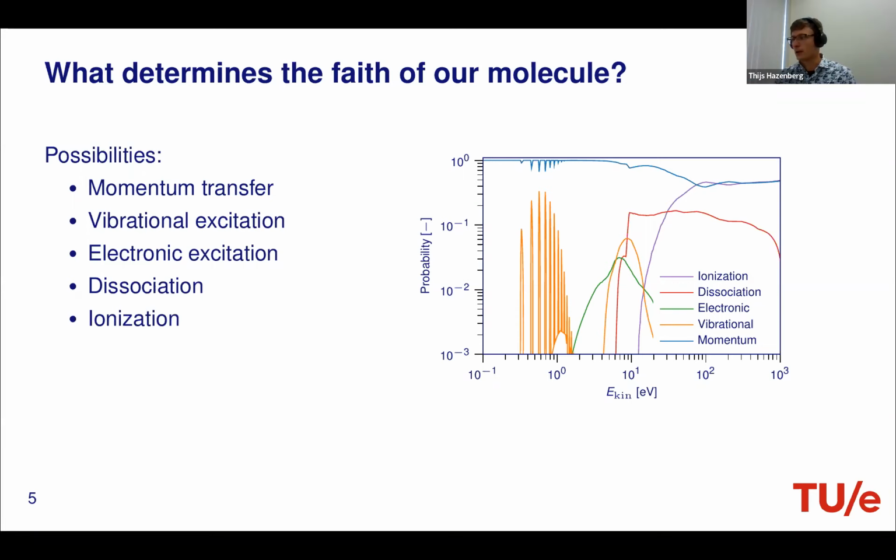At even higher energies, we might start electronic excitation, right? So we move the electron into a higher electron orbit. At even higher energies, the chances become bigger that we start dissociating molecules. And at even higher energies, we start ionizing molecules.